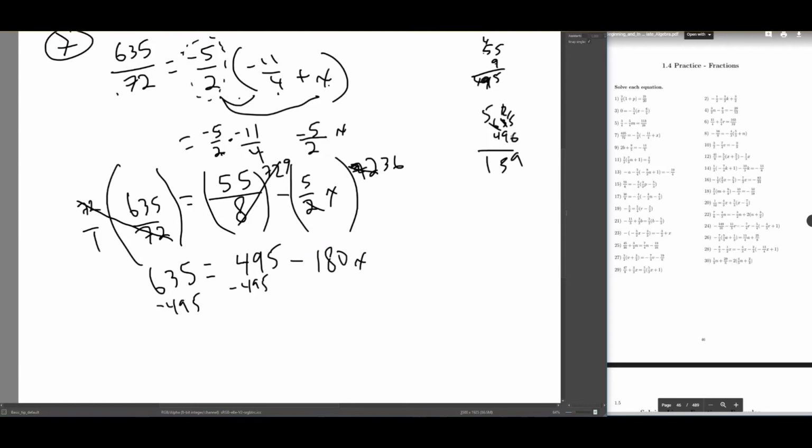Oh, did I make a mistake here? Sorry, let's start over. 635 minus 495. This is 0. This turns into 5. This is 1, 4, 5, 140. So 140 equals negative 180x.